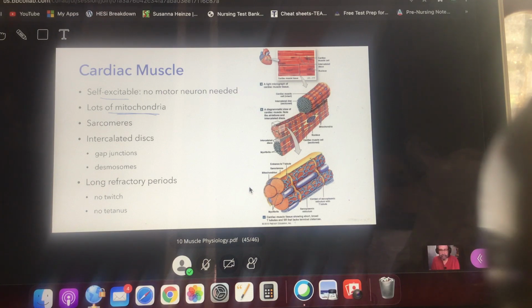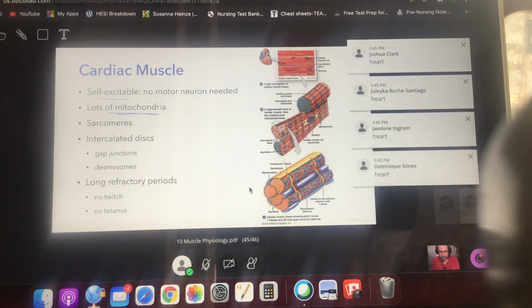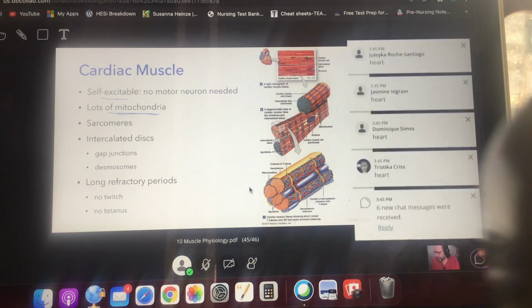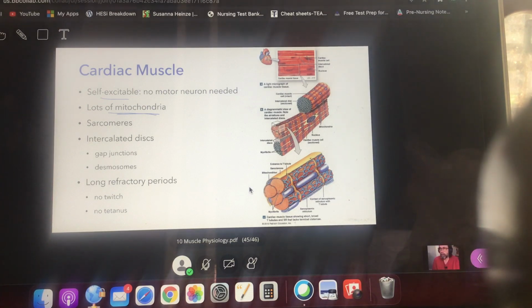The only place in your body where cardiac muscle is found is your heart. What is the absolute last muscle in your body you want to have a cramp or fatigue? The heart, right? So these mitochondria make cardiac muscle fatigue resistant, almost fatigue proof, but I would say definitely fatigue resistant.